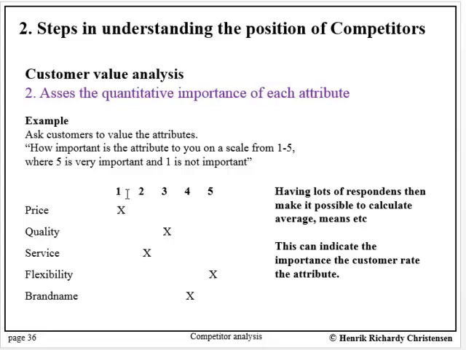It could be 1.5, for example, when we calculate the average. So in this way, we are able to indicate the importance that the customers rate each of these attributes.